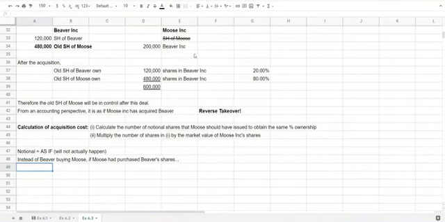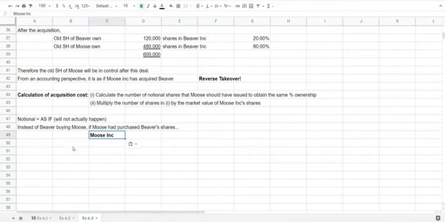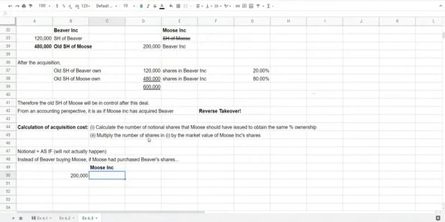So just for a moment, pretend we're looking at Moose Inc., right? So Moose Inc. had 200,000 shares outstanding, which were owned by old shareholders of Moose.